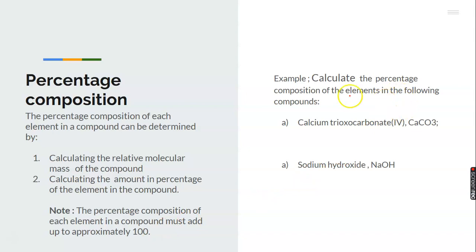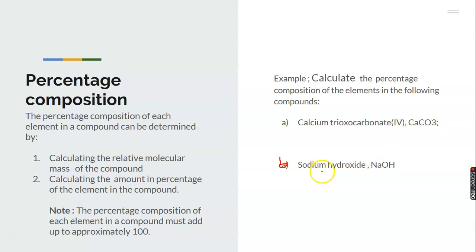Okay, let's look at this example. Calculate the percentage composition of the elements in the following compounds. The first one says calculate the percentage composition of calcium trioxocarbonate(IV). That's CaCO3, which is your limestone.